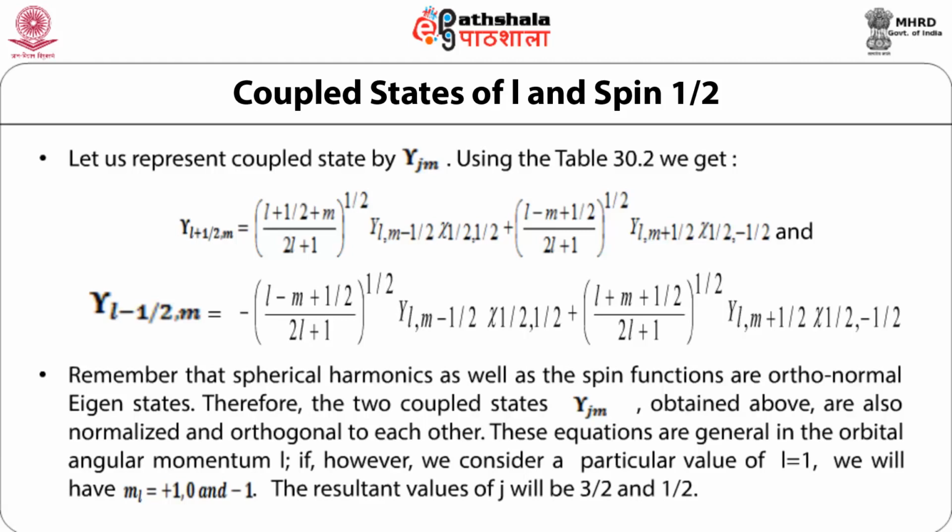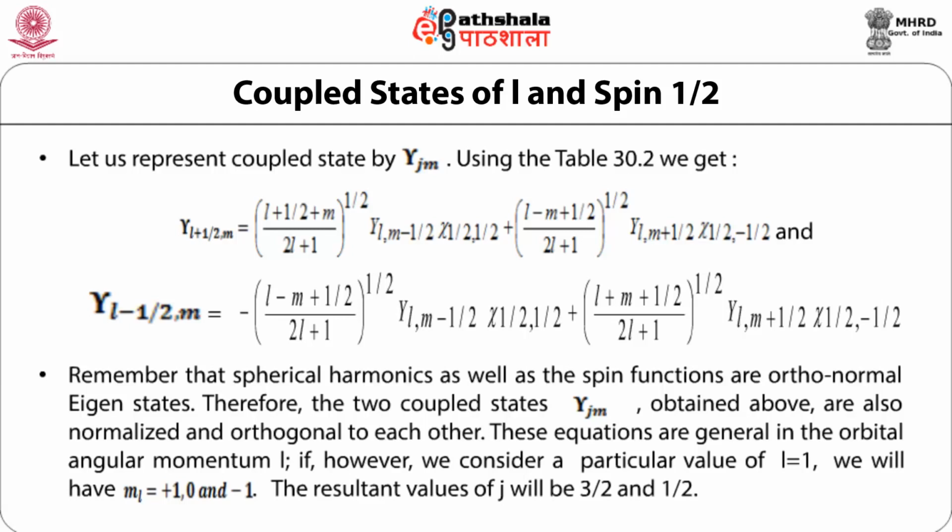Thus, the equations obtained above are general in the orbital angular momentum L. If, however, we consider a particular value of L equal to 1, we will have m_l equal to plus 1, 0 and minus 1.